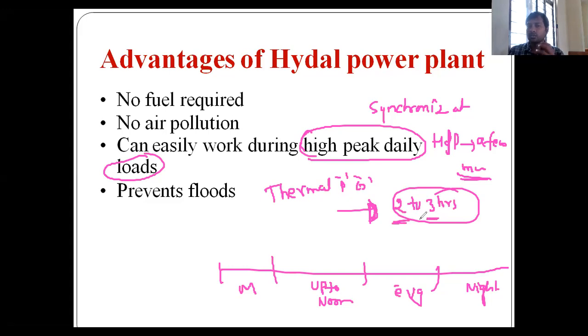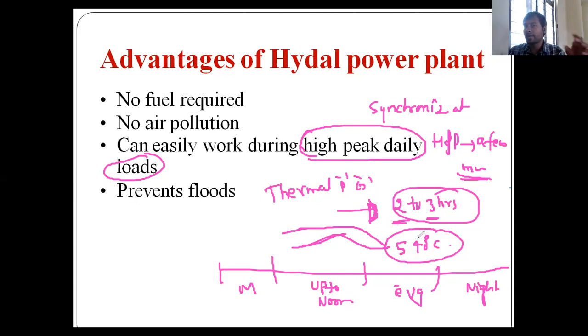Because the boiler temperature is approximately 540 degrees centigrade, and getting to 540 degrees takes a lot of time. Also, you cannot send this 540 degree steam through the pipes instantly. You need to raise the temperature slowly and gradually, otherwise uneven expansion takes place.